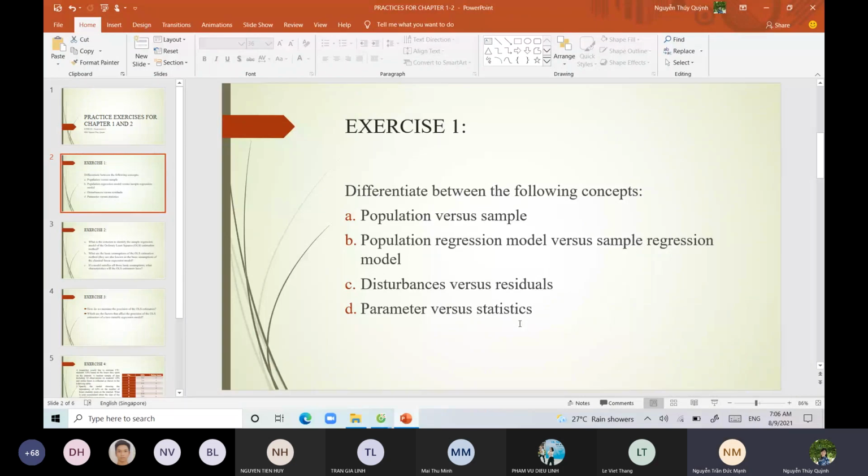How many populations do we have when we do a research? I think it will have one or more.